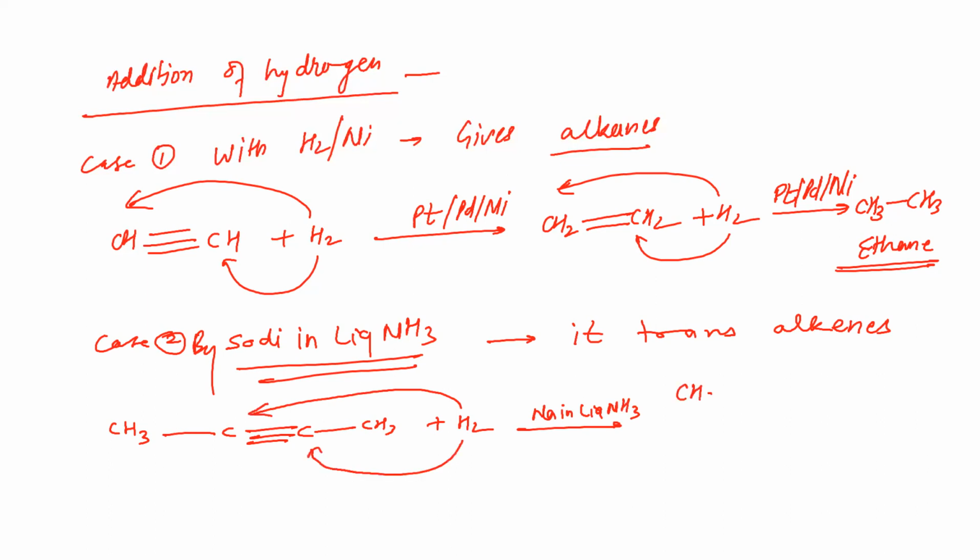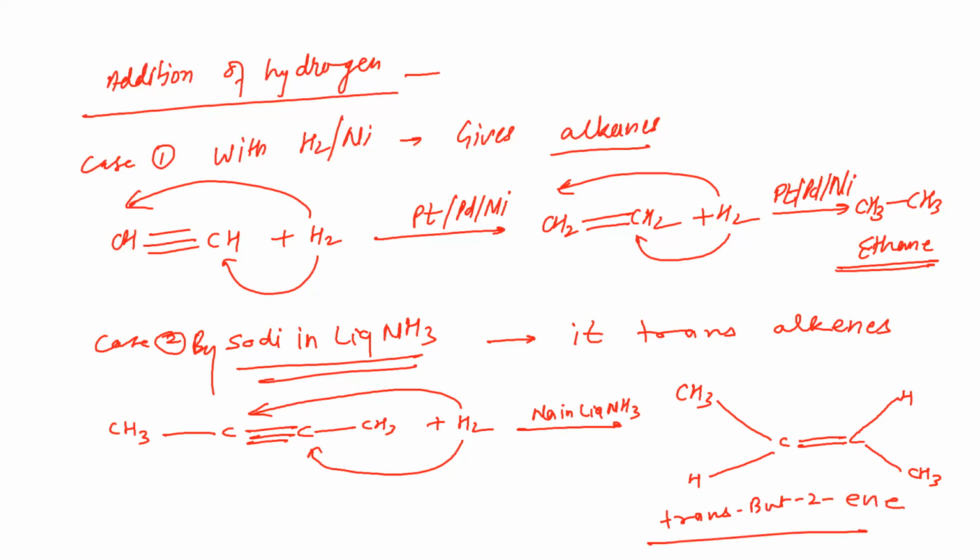So similar groups are on opposite sides, at 180 degrees. Since the similar groups are on opposite sides, this is going to be trans-but-2-ene. Right, so you can understand this very clearly.